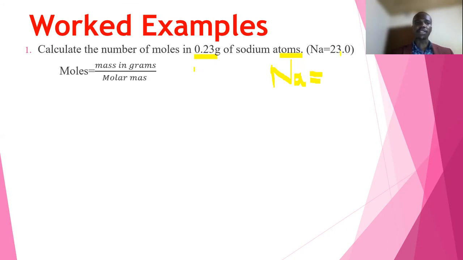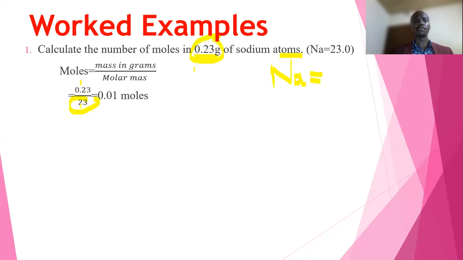As shown here, moles is gotten by mass in grams over molar mass. In this case, the molar mass is 23 and the mass in grams given here is 0.23.